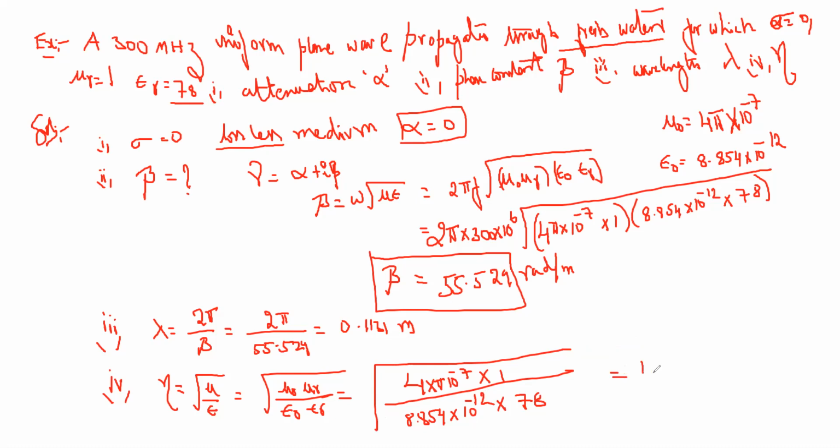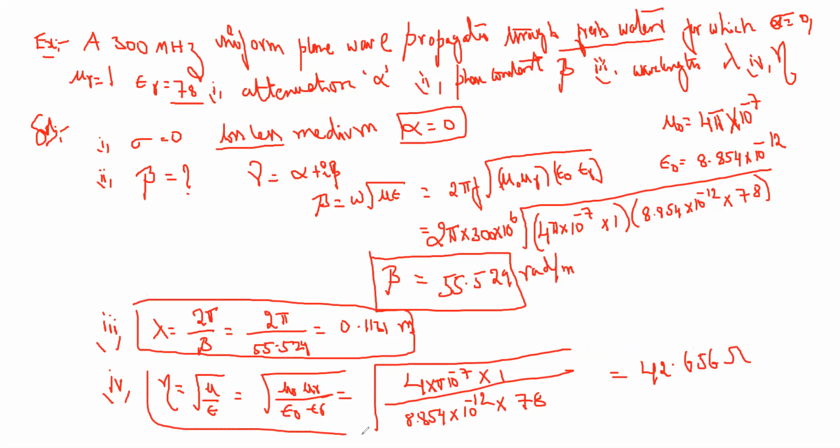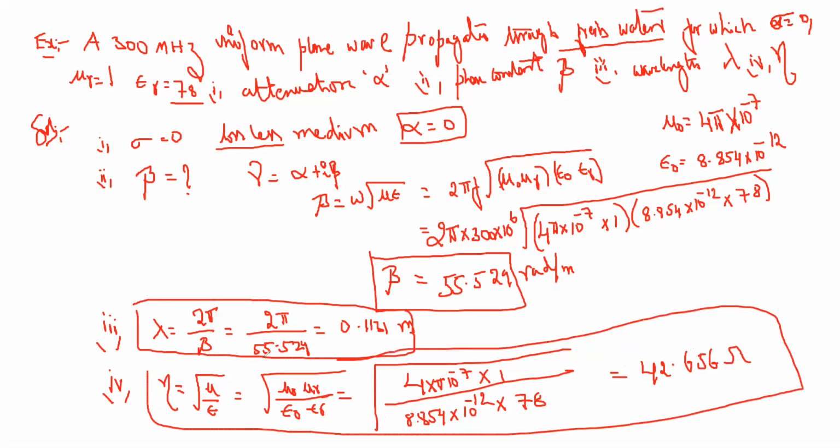Using your calculator, you can find the value. The eta we got is 42.656. Here eta is the intrinsic impedance, and impedance means ohms. So alpha is 0, beta is 55.529, the wavelength lambda we got is 0.11 meters, and eta we got is 42.656 ohms.